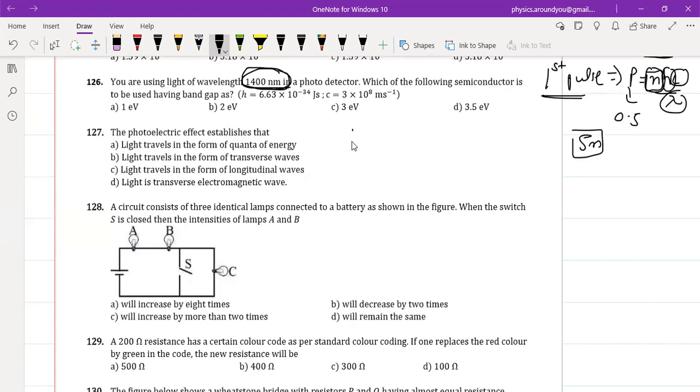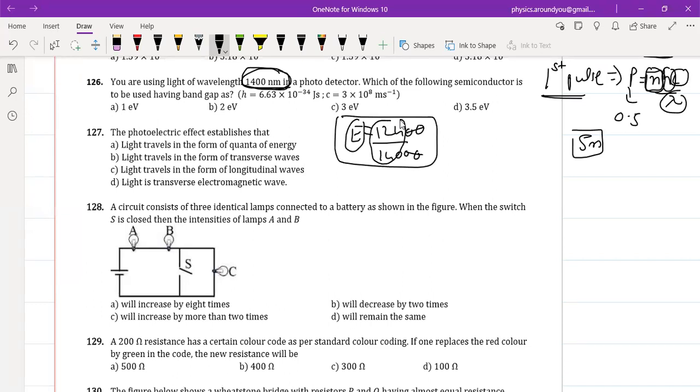For that I will use E is equal to 12,400 by lambda in angstroms. How much would 1400 nanometer be in angstroms? That would be 14,000. So if I do this calculation, I will get some energy value. How many eVs will I get? Two zeros I can cancel. 124 by 140, around.